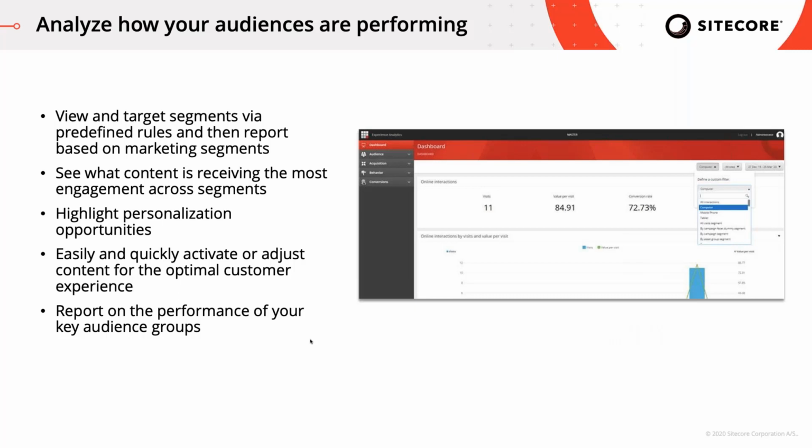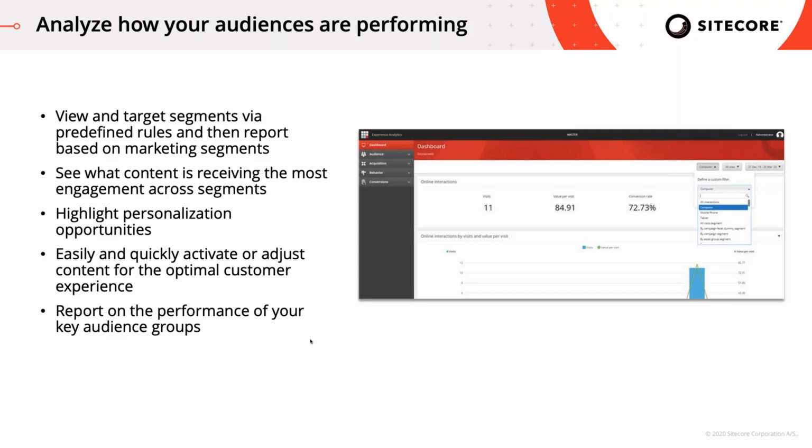And then my personal favorite is the audience analytics filter. It is a very powerful filter, small but mighty, in terms of being able to view and target segments via predefined rules, and then report based on marketing segments. Within Experience Analytics, we've had some data available and ways to work around to get this information in terms of what audiences we're targeting.